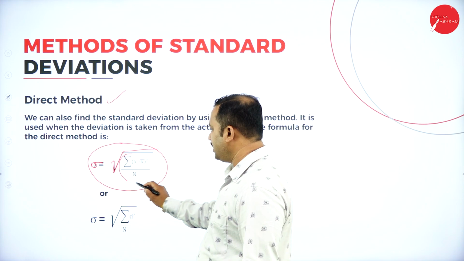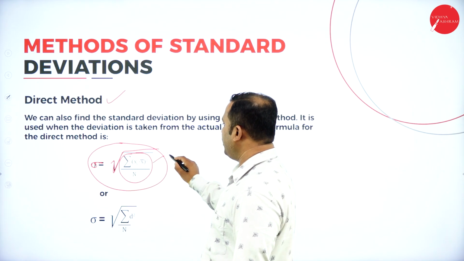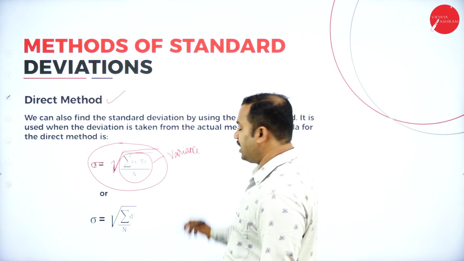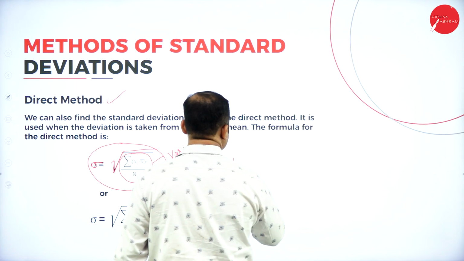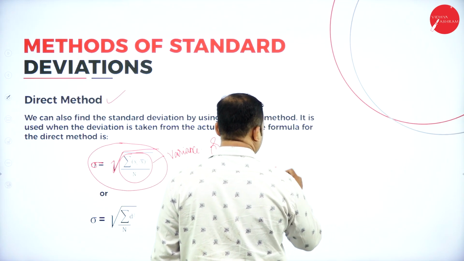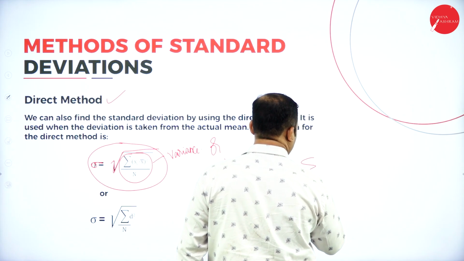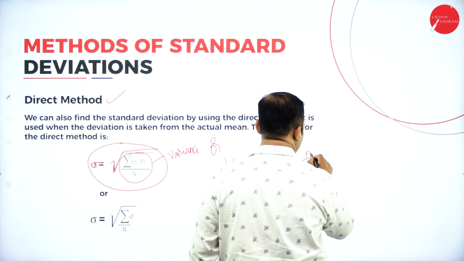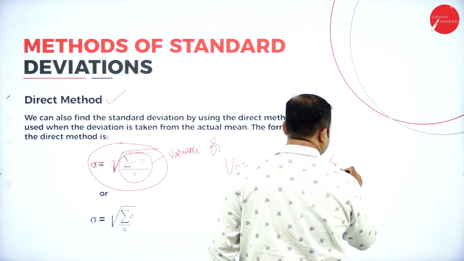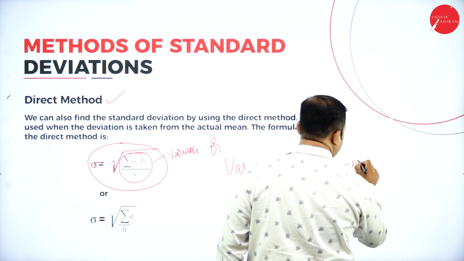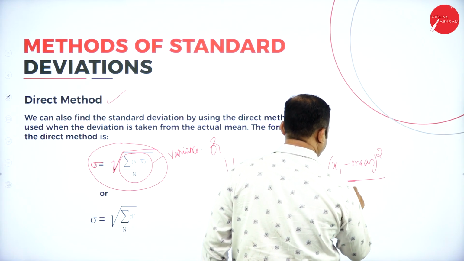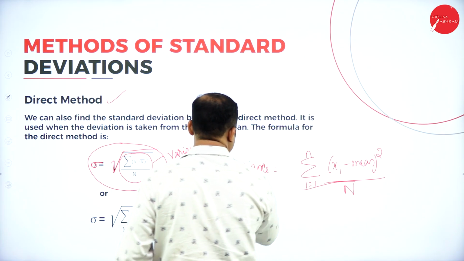This is called the variance, or I can state that variance is equal to summation i equal to 1 to n, xi minus mean whole square by n. This gives you the variance.